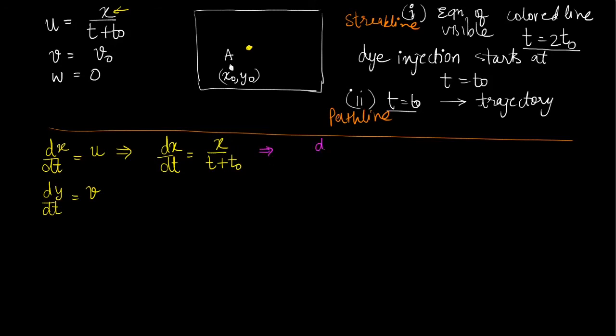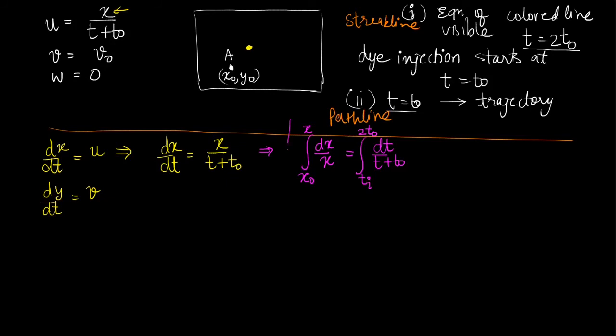So this gives dx upon x equal to dt upon t plus t naught. When we integrate this, we must integrate it from some variable time ti to a final time 2 t naught. But the particle will always go from x naught to a certain x.